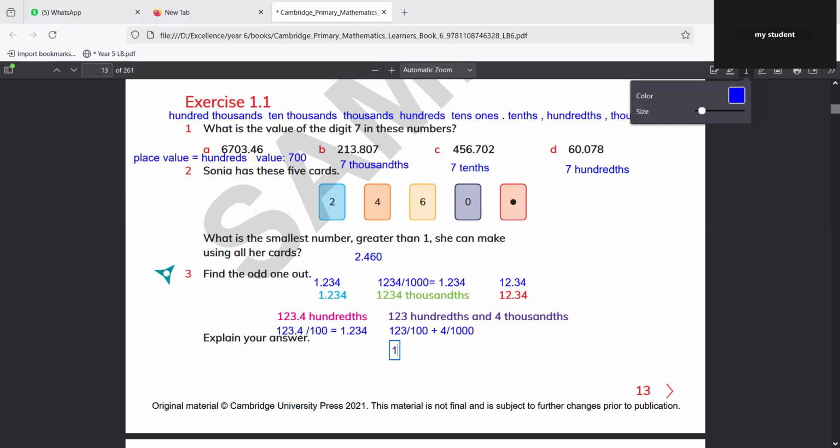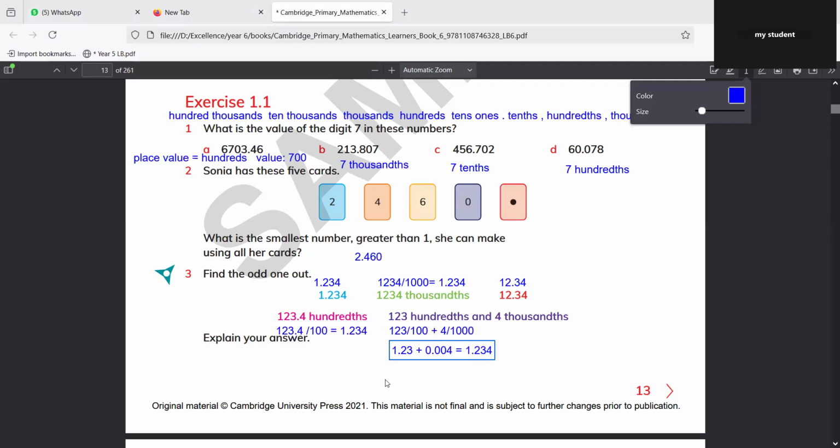So it will be 1.23, plus the 4 thousandths, we divide also by 1,000, we put the decimal point after 3 digits, but we have only 1 digit. So that means we put the other 2 digits as 0, and it's going to be 0.004. And then when you add those two together, the final answer will be 1.234.